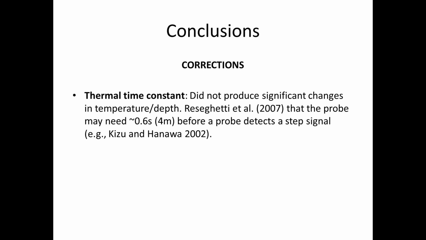Some work, such as Rezagheti et al. 2007, estimate that as much as about 6 seconds, that would be up to 4 meters of difference, to detect a step signal. So that could have a stronger effect on the biases if we apply that instead of just the standard manufacturing thermistor delay.